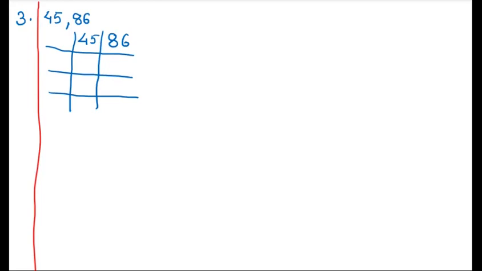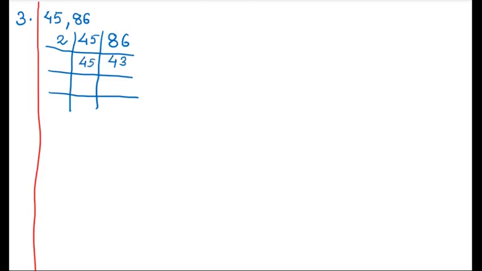First we will use the prime number 2, and 86 is divisible by 2. So first we will use 2 here, and we will write 2 4s are 8, 2 3s are 6. Now we have got 43 as a new number. 45 is not divisible by 2, so we will write it as it is, that is 45.